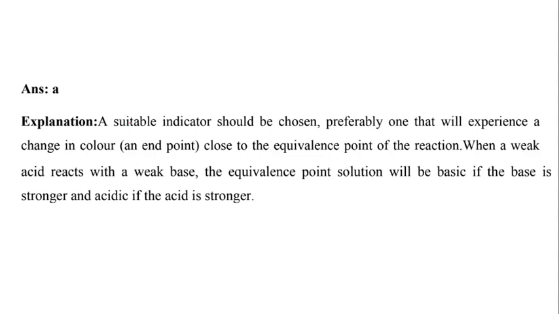Okay, so the answer is: a suitable indicator should be chosen, preferably one that will experience a change in color at the end point or close to the equivalent point of the reaction.